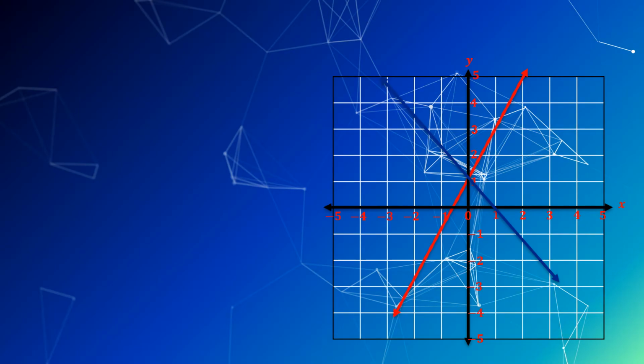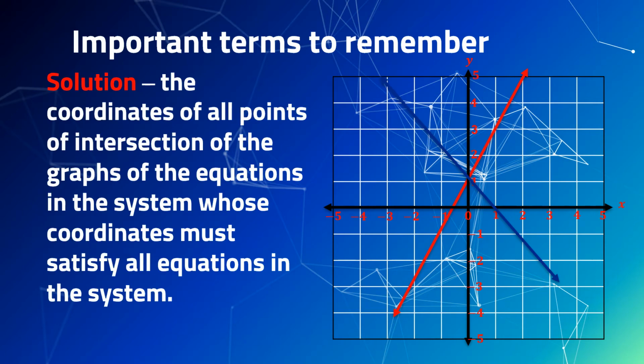The next term that we're going to focus on is what we call the solution. This is the coordinates of all the points of intersection of the graphs of the equations in the system, whose coordinates must satisfy all equations in the system.